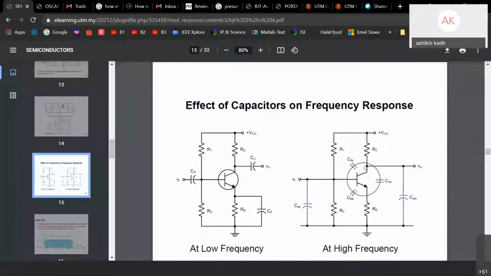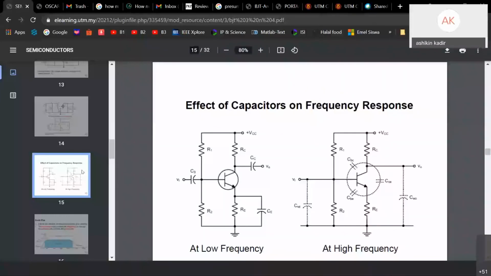This is the effect of the depletion region. If you remember, between N and P there is a depletion region, so there is capacitance. We need to draw the equivalent circuit for it. You can label it as CBC, CBE, and also CCE. Another capacitance is in the wiring itself, so you need to draw the wiring capacitance at the input and also at the output.